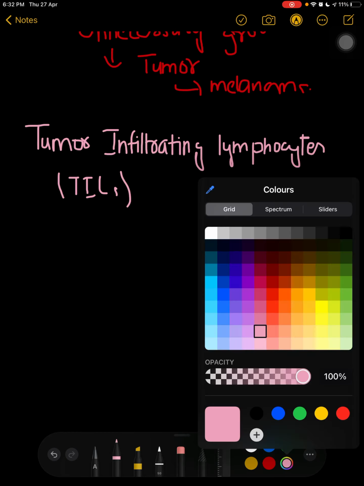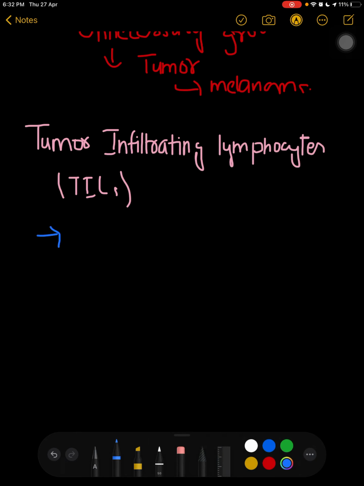Basically, these cells are composed of B and T lymphocytes.